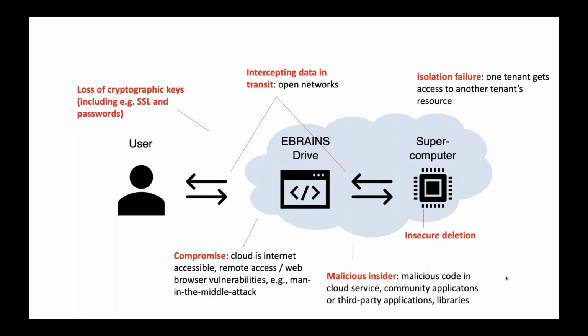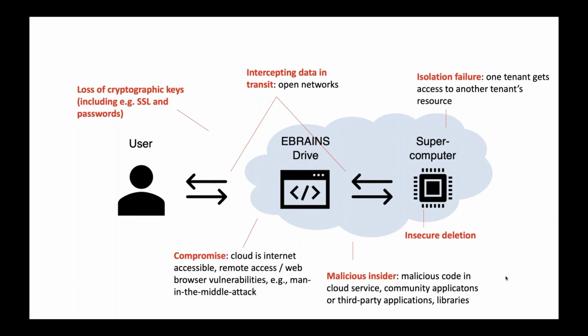Since we are sending data back and forth via the internet, there's always the possibility that data is intercepted in transit through these open networks. And even if data is encrypted, loss of cryptographic keys could still lead to data corruption.